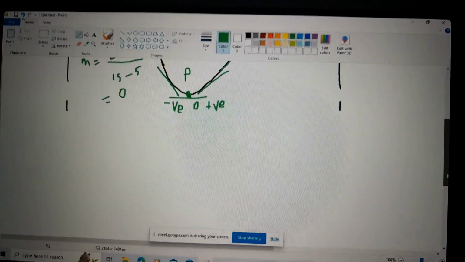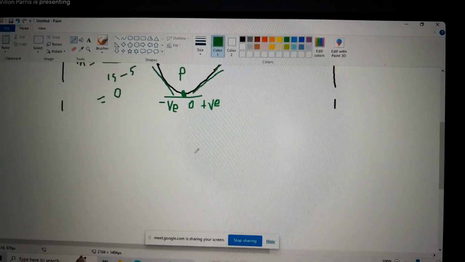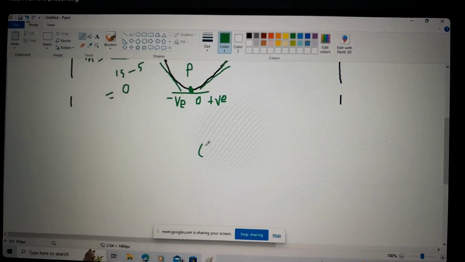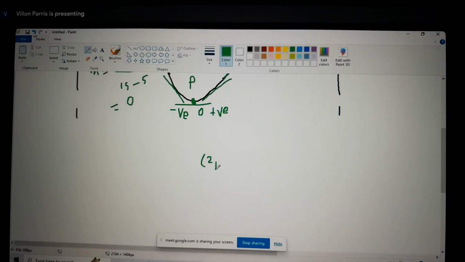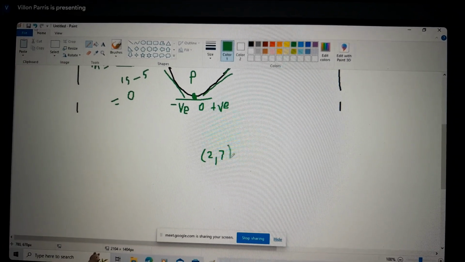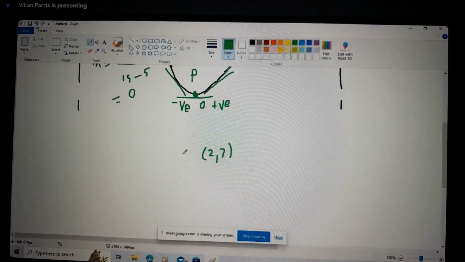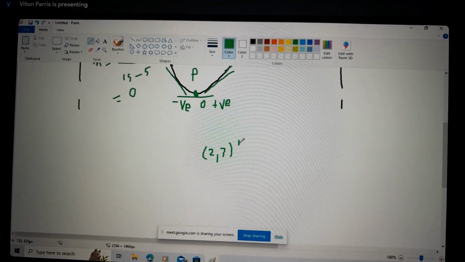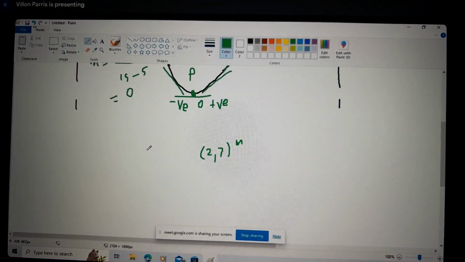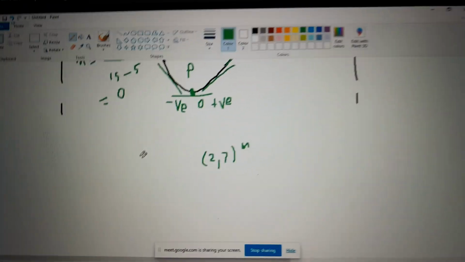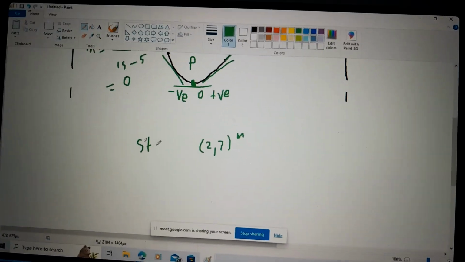Now, how is this useful? Let's say a point on a graph is (2, 7). And you want to know if this is a maximum or minimum point. You were told it's a stationary point, right?